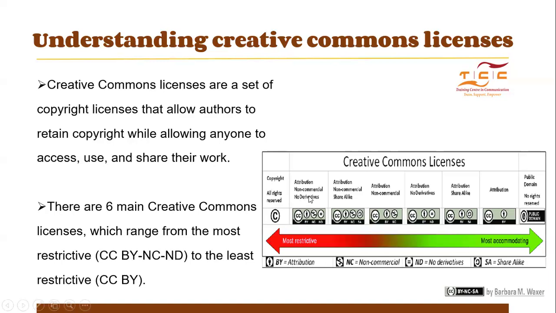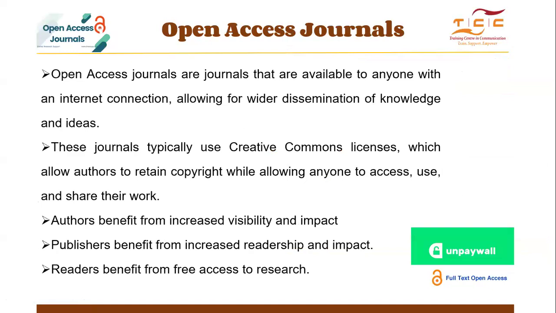So you can only attribute, you cannot do anything else. This one has attribution and non-commercial, so you cannot use it for commercial purposes, but you can share alike, which means you can share it as it is. You will get to understand what these are. There are 6 of them, so I'm not going to spend a lot of time, but you need to know that open access is governed by several of these licenses.